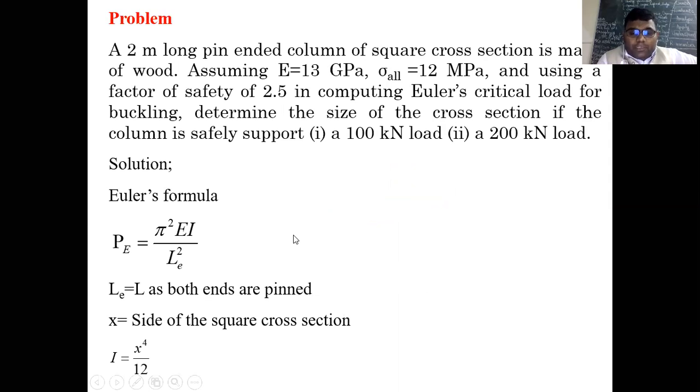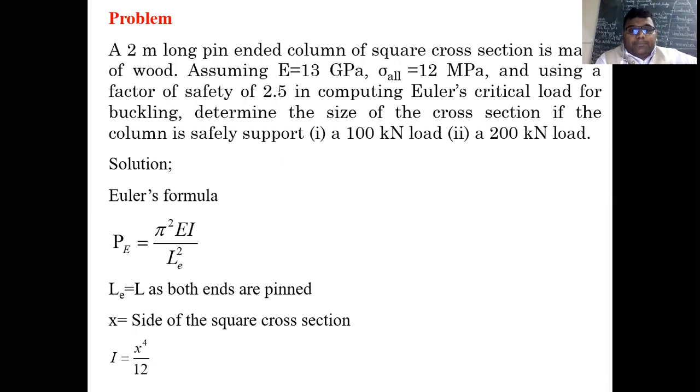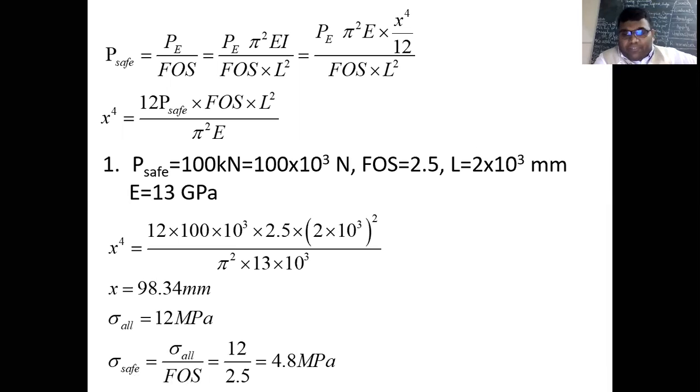Now we have to calculate the value of x. The P safe, or working load, we can say. For safety, we are using the factor of safety. So this is PE, the Euler load, upon the factor of safety, which is said to be P safe.